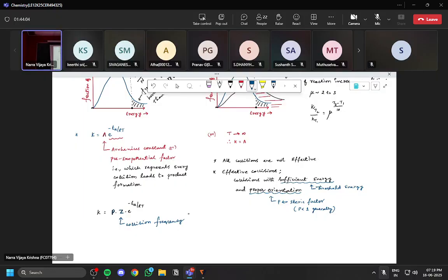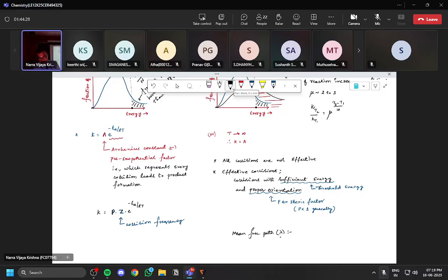Mean free path lambda. What do you mean by mean free path? It is the distance traveled by a molecule between two successive collisions. After making one collision, how much distance it has to travel to make another collision is called the mean free path.